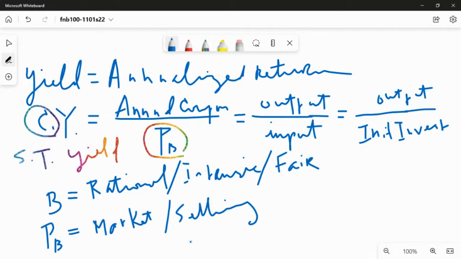And think about it. I've been telling you over and over, most of the time, market price is not the correct price, because market price is the result of demand and supply.